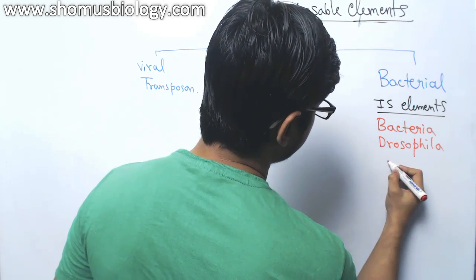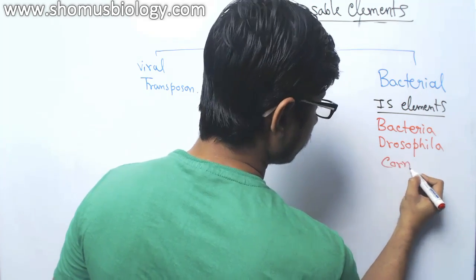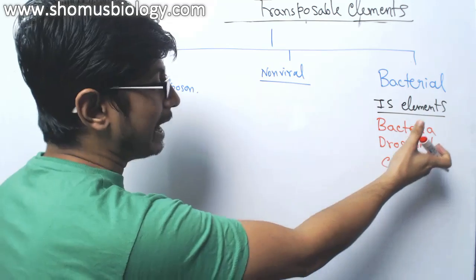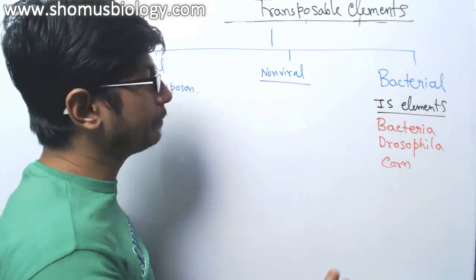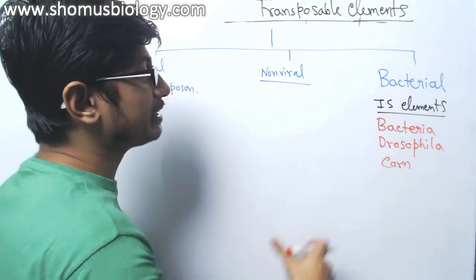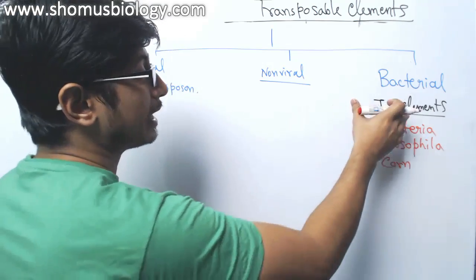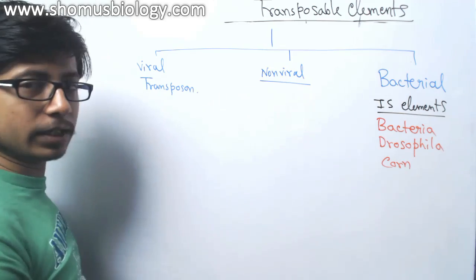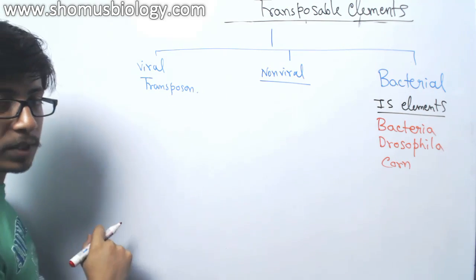We find them in corn or maize, whatever you say. We find these IS elements in all. So you see, we find them in plants, in eukaryotic animals, as well as in bacteria. But the type is a bacterial transposon known as IS elements. The second type is non-viral, and the third one is viral.